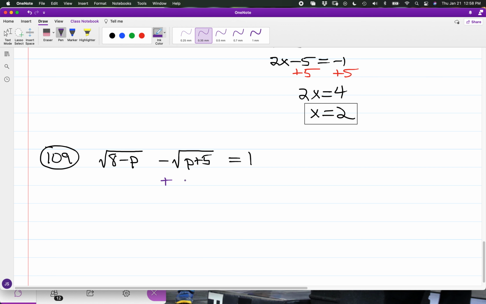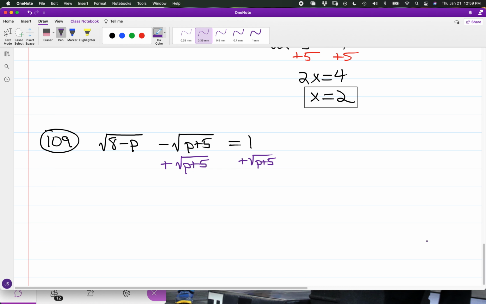I'm going to add the square root of p plus 5 to both sides. So the square root of 8 minus p is equal to 1 plus the square root of p plus 5.